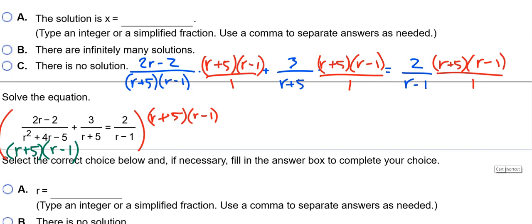It's too late to combine them together. The other side of the equal sign, you have 2 of r minus 1, and it's getting multiplied by something. Distribute that. So that's right here on the other side. So 2r plus 10.